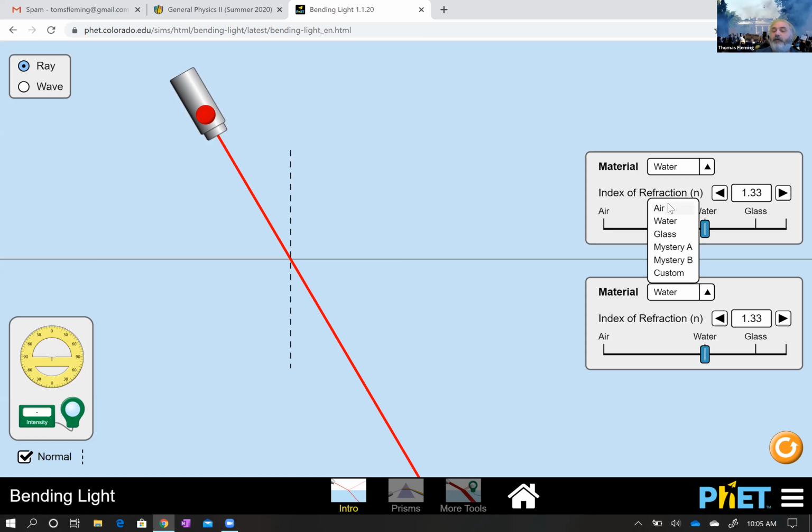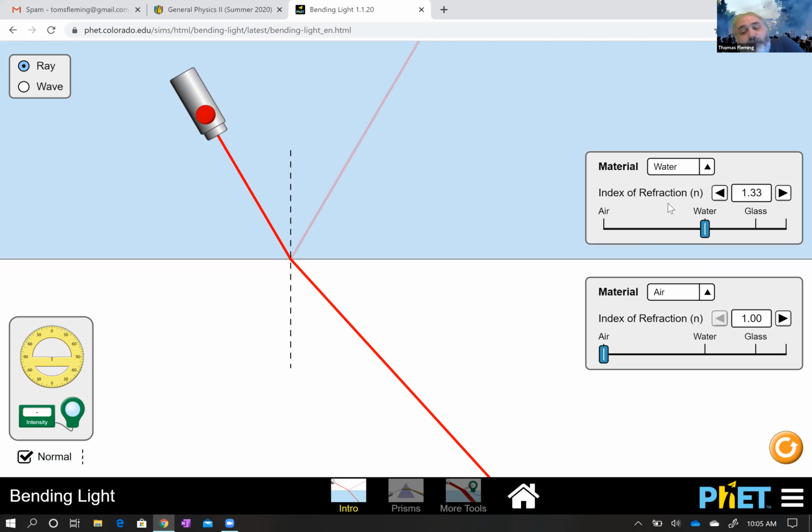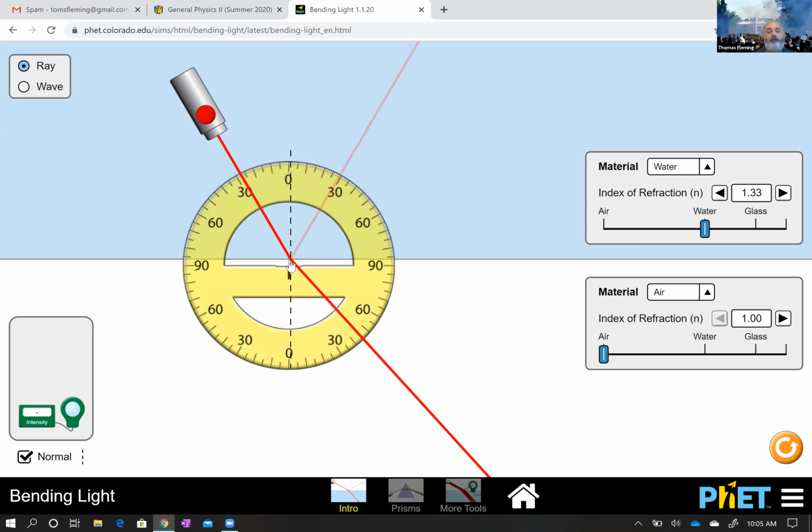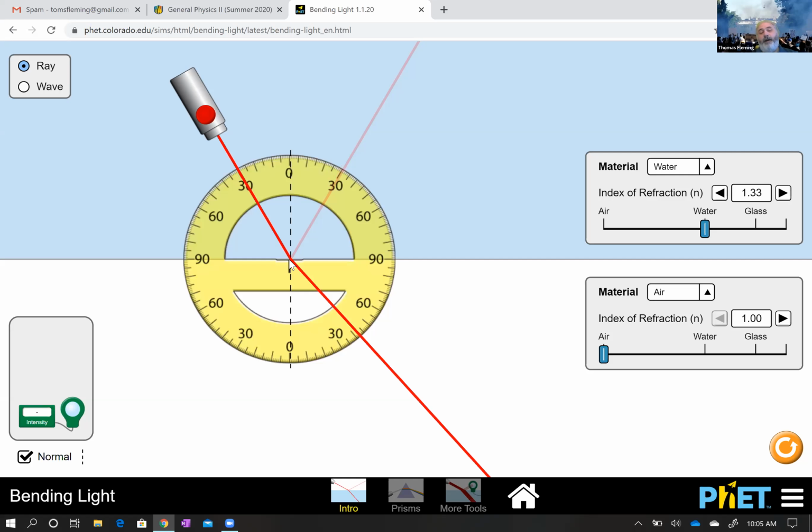So here I'm sending my beam from water, where the index of refraction is 1.33, into air, where the index of refraction is 1.0. And you'll notice that out here, the angle of incidence is smaller than the angle of refraction, which is what we anticipated, right?